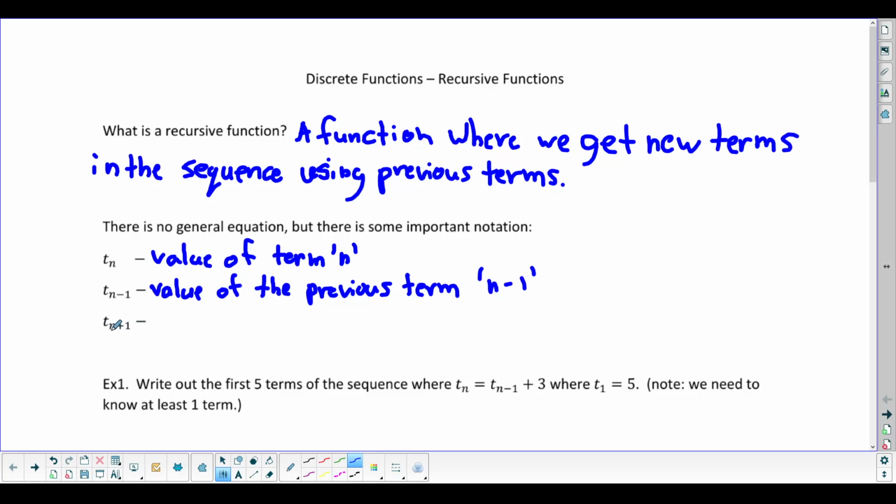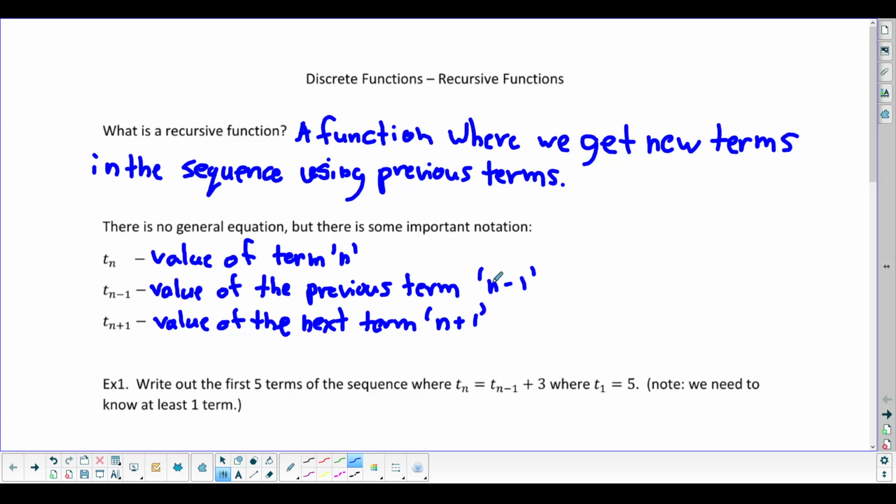We also sometimes see t subscript n plus 1, which is the value of the next term.